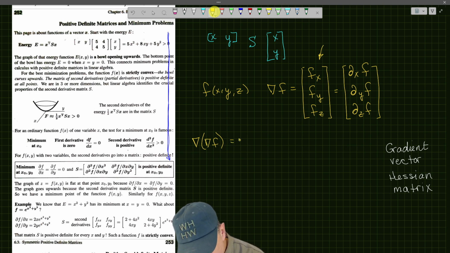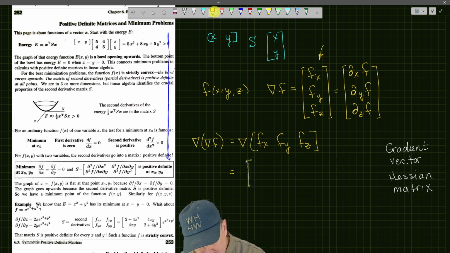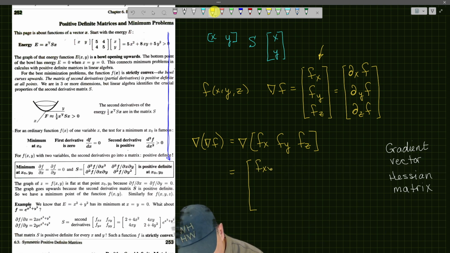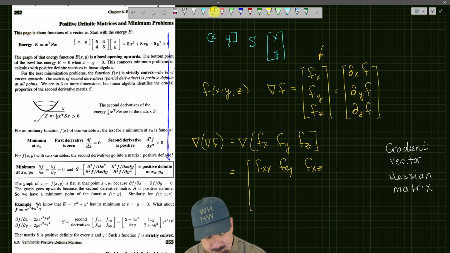The way we calculate this is we take the gradient of, and we're going to write this out as a row vector, fx, fy, fz, and this is going to be equal to a 3 by 3 matrix. We're going to take the partial with respect to x across the entire top. So this is fxx, fyx, and fzx.